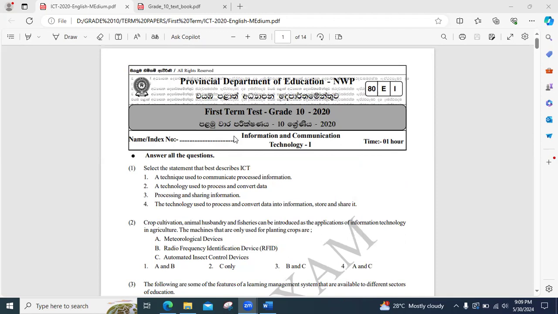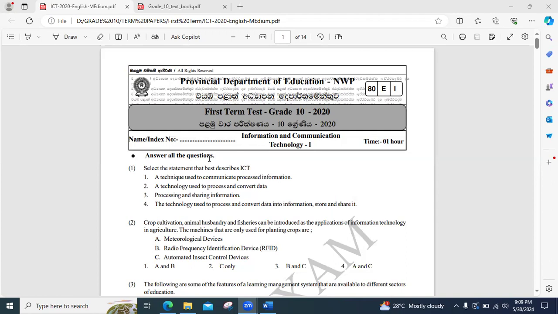Select the statement that best describes the ICT. So for this one, a technology used to communicate, process information. A technology used to process and convert data, processing and sharing information.